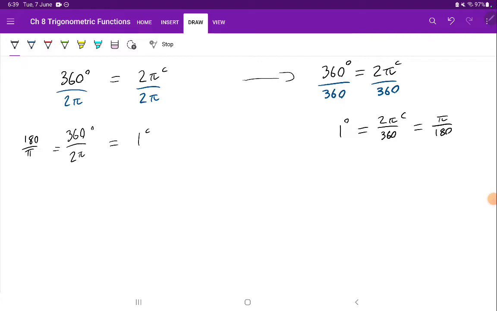So I've got two different conversion units. Now, I personally don't memorize these two, 180 on pi and pi on 180, because for me, the main thing that you should be taking away is that 360 and 2 pi are our two conversion units. So this is how I would do the conversions.